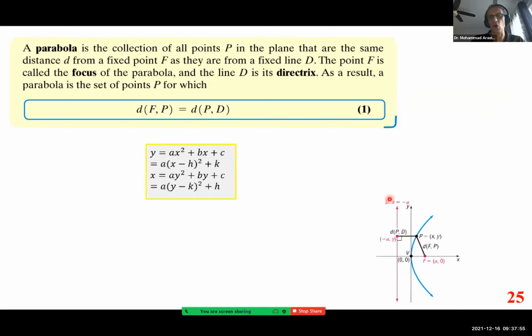And the directrix is always perpendicular to the axis of symmetry. That is the definition. That's how they do the drawing. So this distance, PF, is equal to PD.